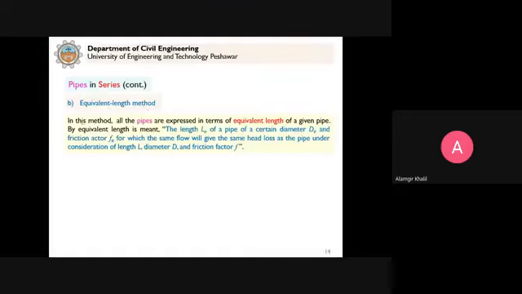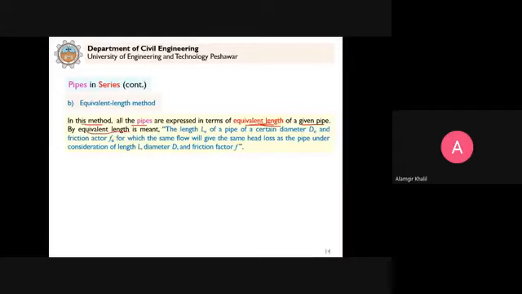In this method, all the pipes are expressed in terms of equivalent length of a given pipe. Just like in the previous case, we were expressing all the velocities in terms of an equivalent velocity for any given pipe, which may be pipe 1, pipe 2 or pipe 3 and so on. In this case, the pipes are expressed in terms of equivalent length.